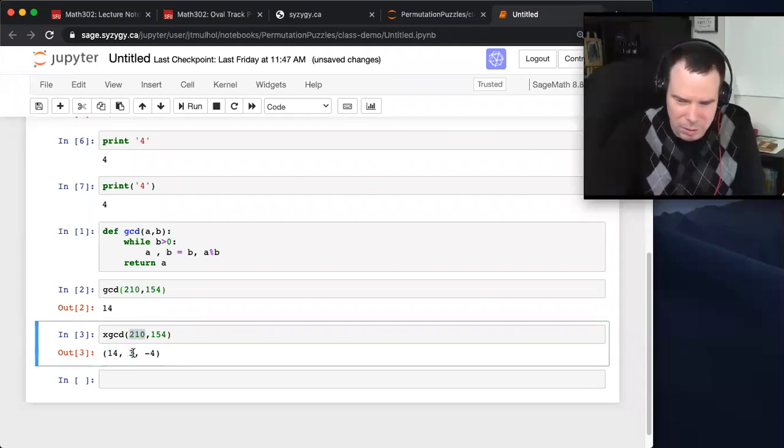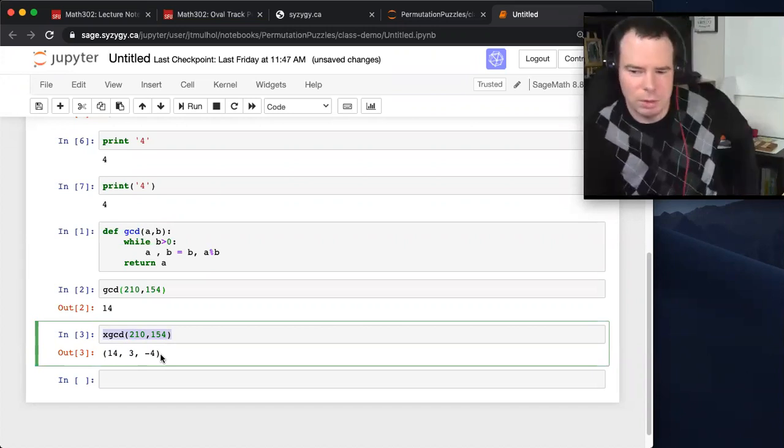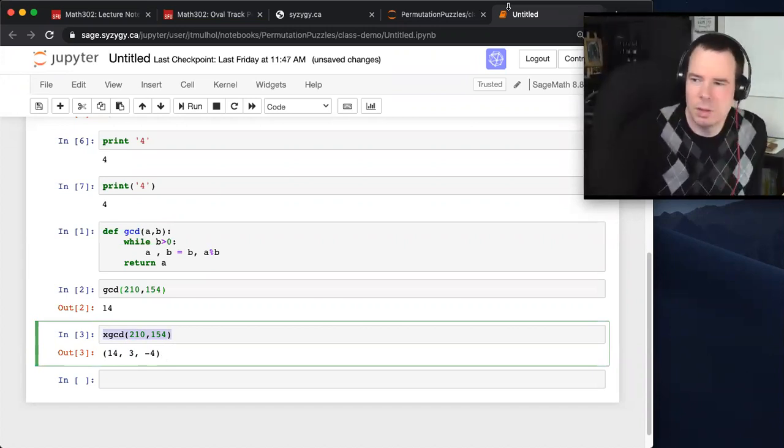So this tells me that 3 times 210 plus -4 times 154 is equal to the GCD, 14. So this is a nice algorithm to have to be able to produce these values, the extended Euclidean algorithm.